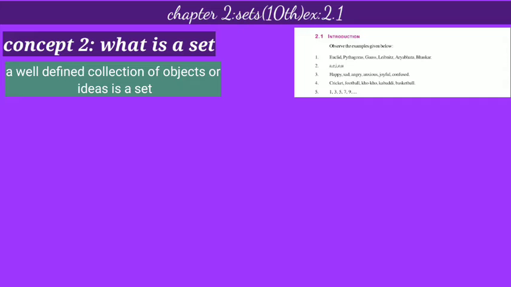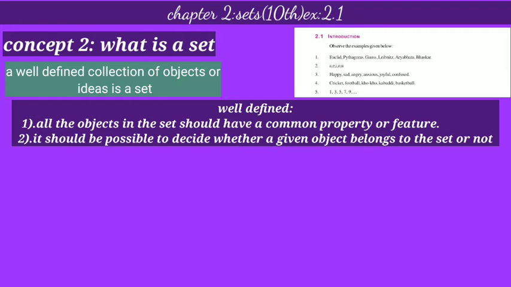Here we have to know the term well defined. What is well defined? It means the objects in the set have a common feature or property, and it holds another characteristic also: we can say whether an object belongs to it or does not belong to it. That is called well defined. Well defined holds two characteristics.